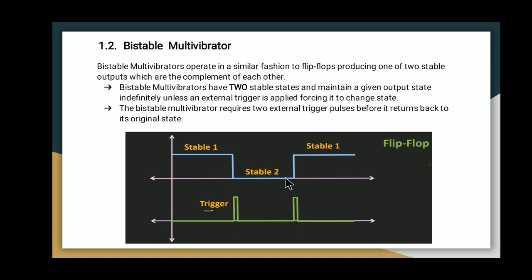Like in this example, initially the output is at stable state 1, and when this trigger action occurs, the output changes its state from state 1 to state 2. When an external trigger action occurs again, the output changes from stable state 2 to stable state 1. The stable state remains constant unless another external triggering action occurs.